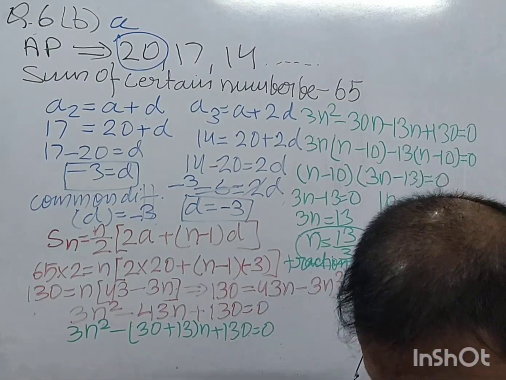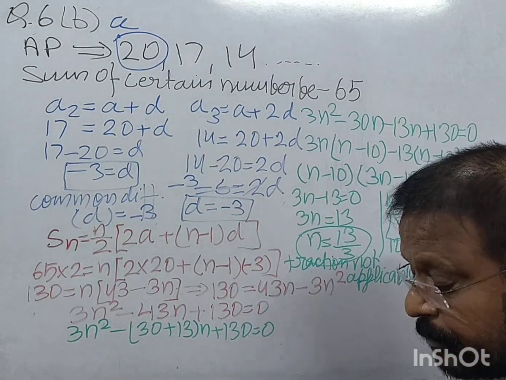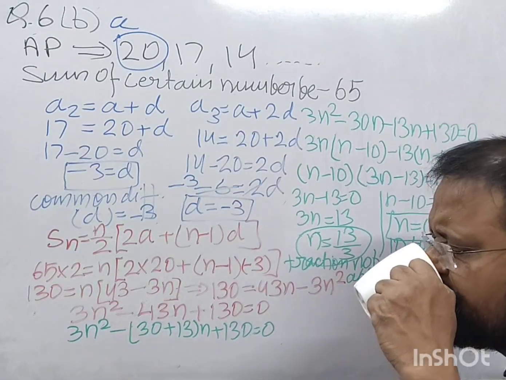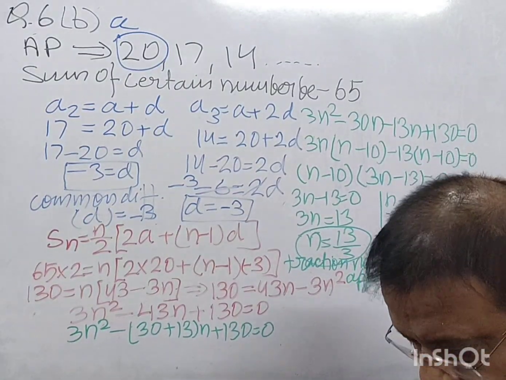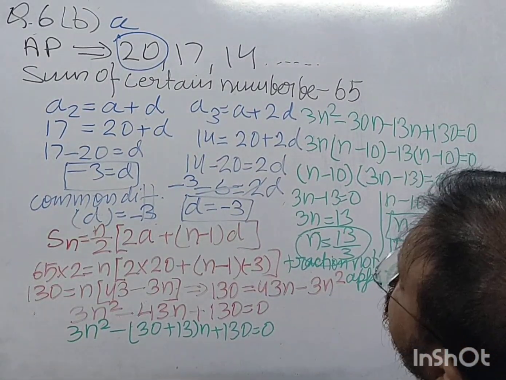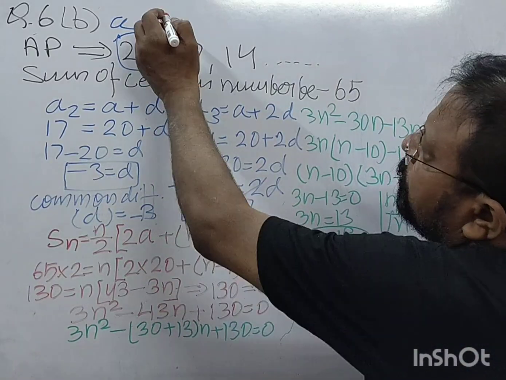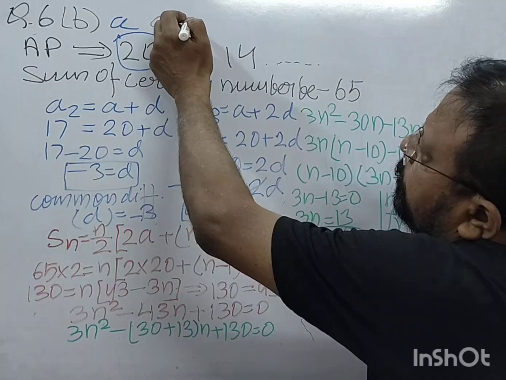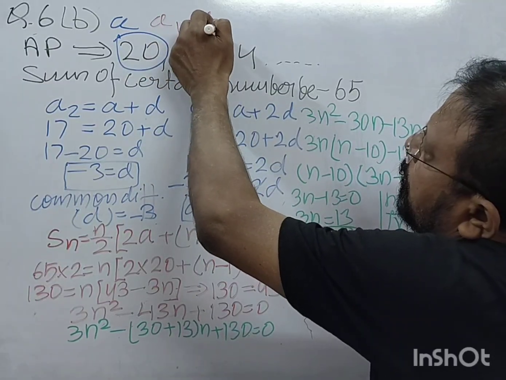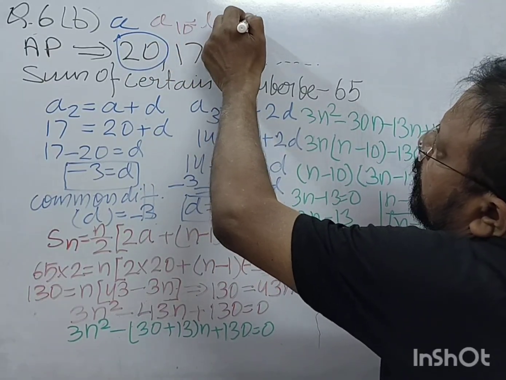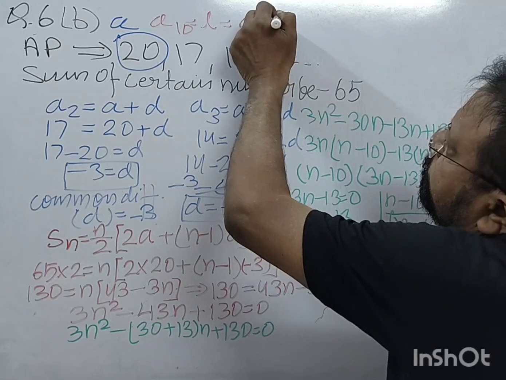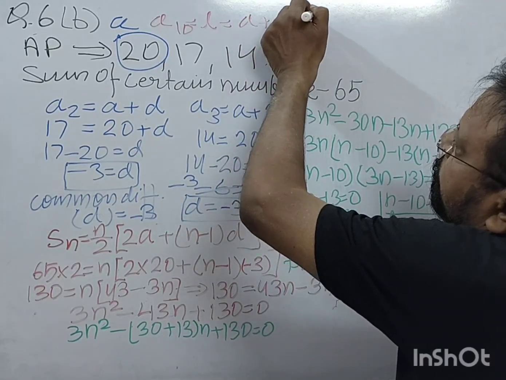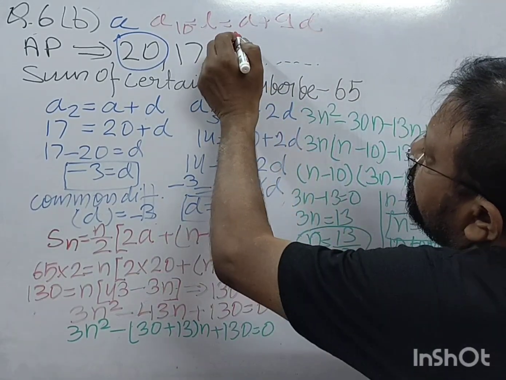So last term, a10th, is equal to L is equal to a plus 9d, is it?